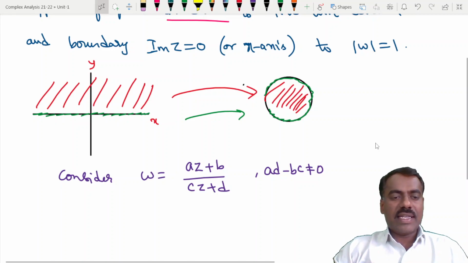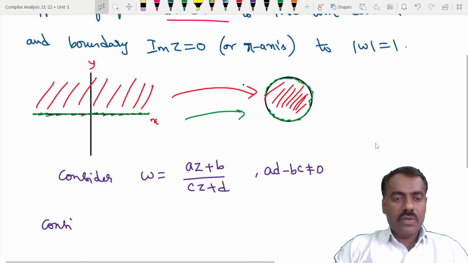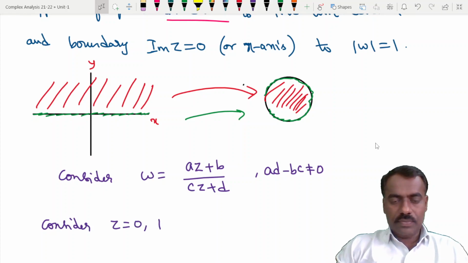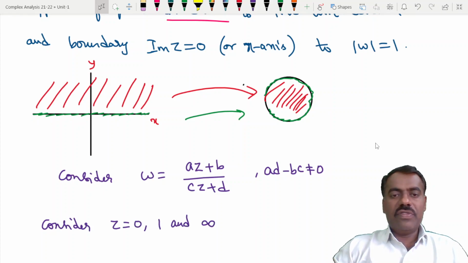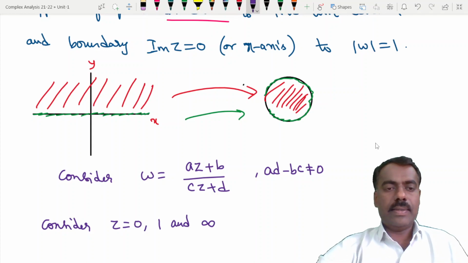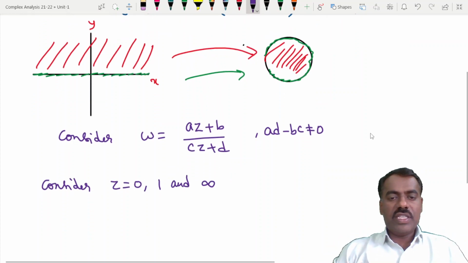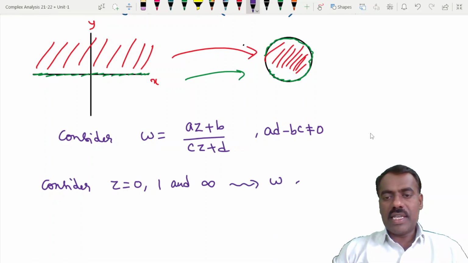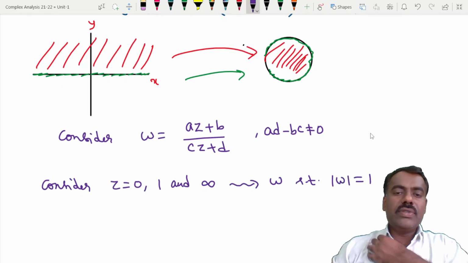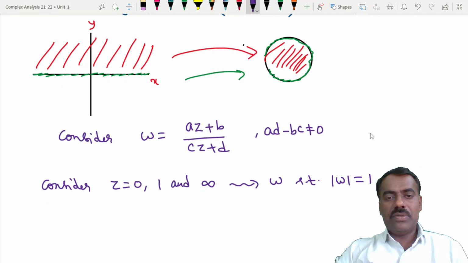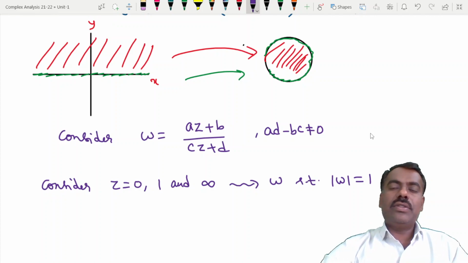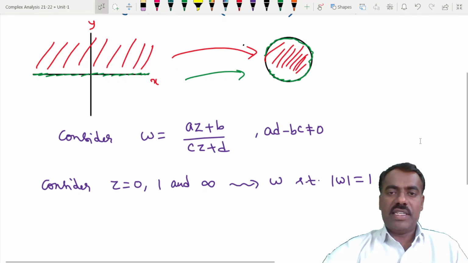So we consider 3 points, z is equal to 0 and 1, and the point at infinity, which lie on the x-axis. Therefore these points should map to w such that modulus of w is equal to 1. Using these conditions, we will find the possible values for A, B, C, D, and those will be the linear fractional transformation.